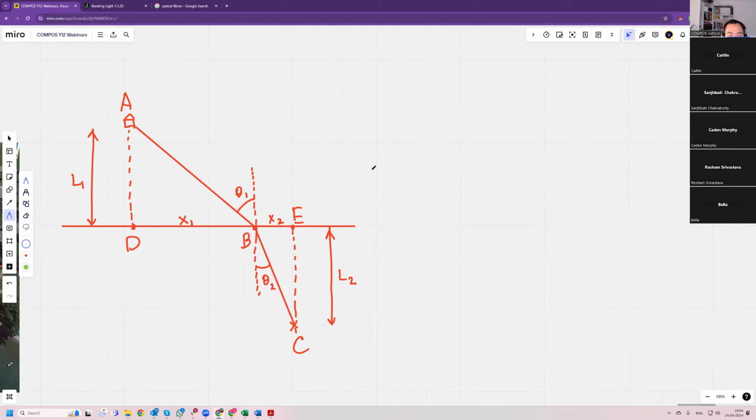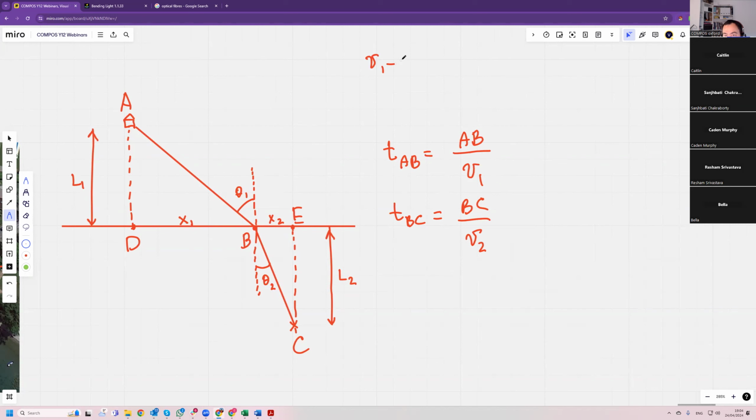Now you want to run from A to B. The time from A to B is the distance from A to B, this is AB, divided by the speed of your run. Let's call it V1 for simplicity. And the time from B to C is BC divided by the speed at which you swim.